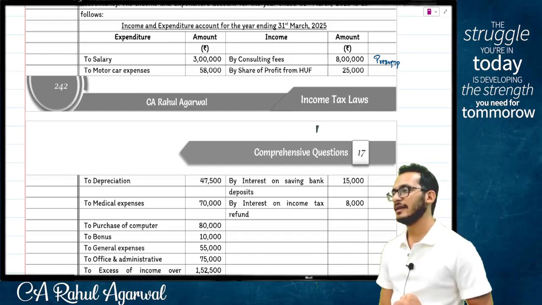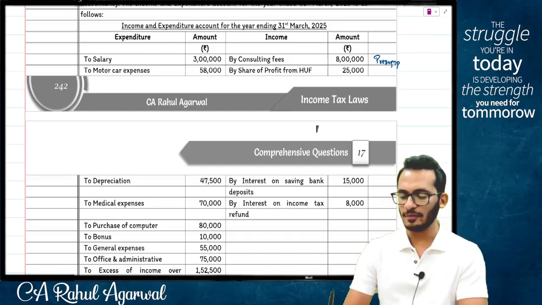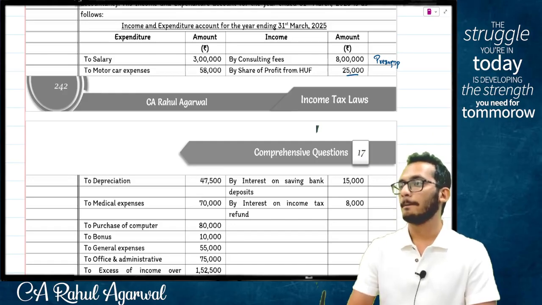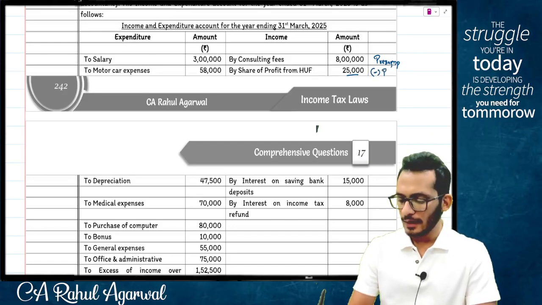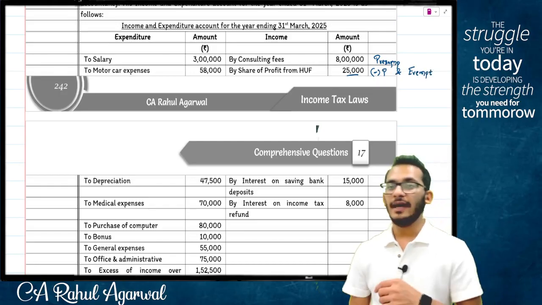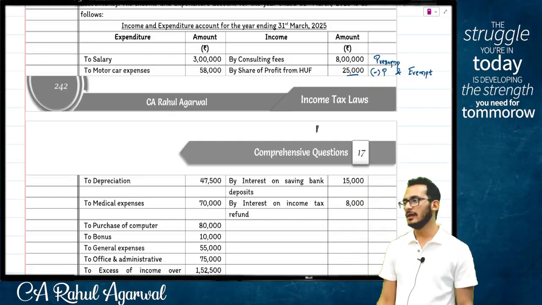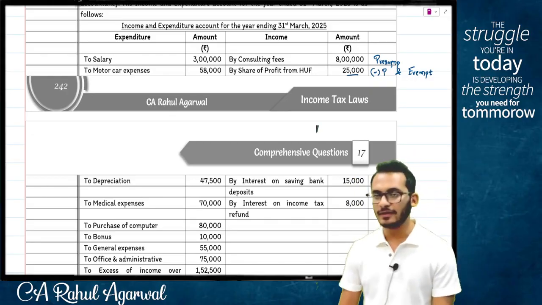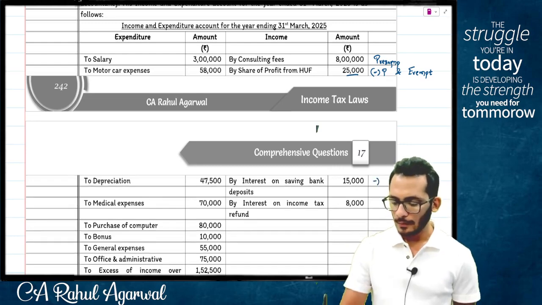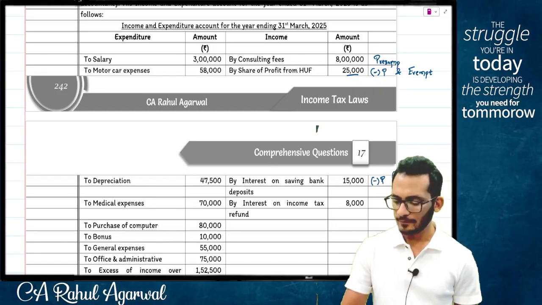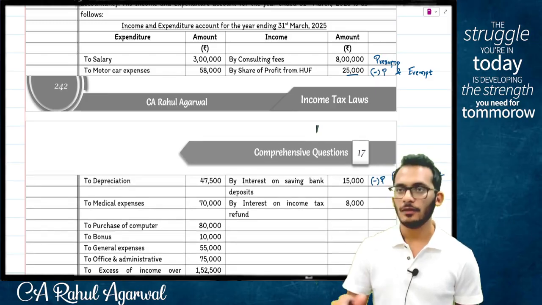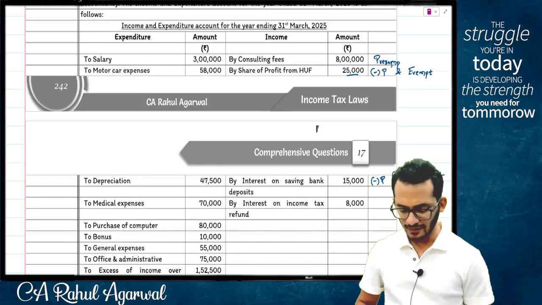Next, you have share of profit from HUF, 25,000 rupees. This is to be minused from income and treated as exempt. Very good. Share of profit of HUF is exempt from tax. Interest on savings bank account is given as 15,000 rupees. You will minus it from here, take it to other sources, and also claim 80TTA to a maximum of 10,000 rupees as deduction.